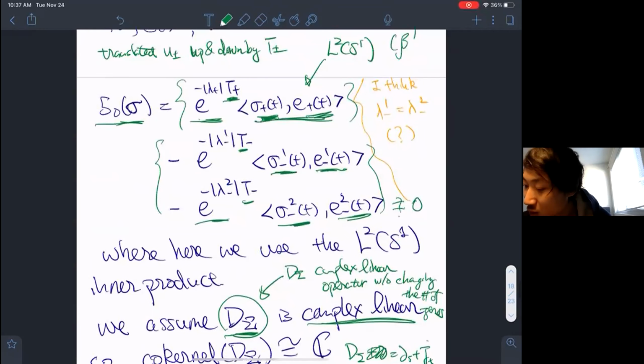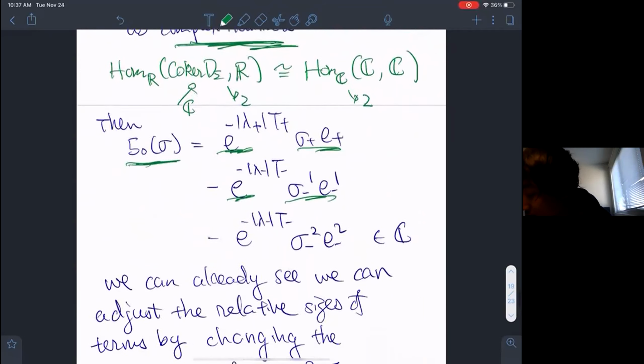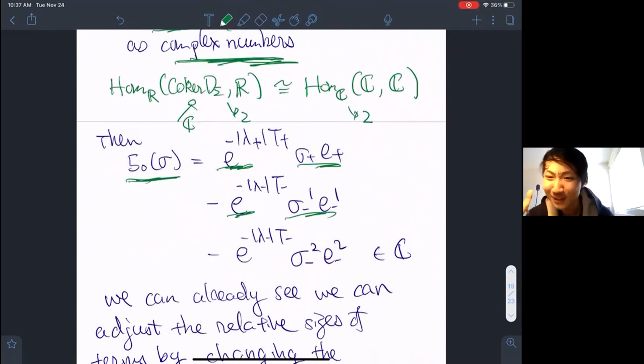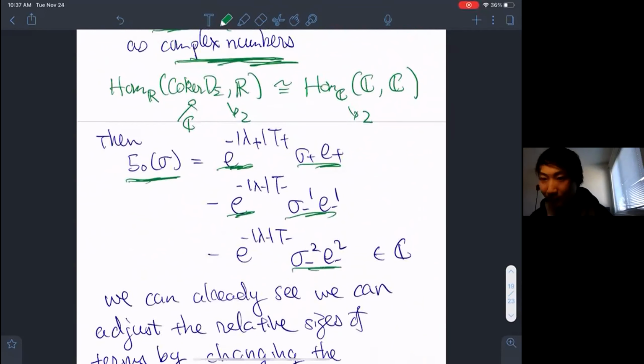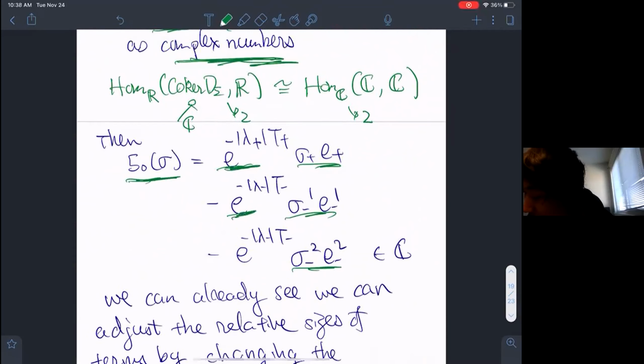Okay. So then we can view our linearized section as these two things, these kind of exponential weight terms times a product of complex numbers. Okay. So how does one set a complex number equal to 0? Well, as we mentioned earlier, we can adjust the relative sizes of these two terms by messing around with t plus and t minus.